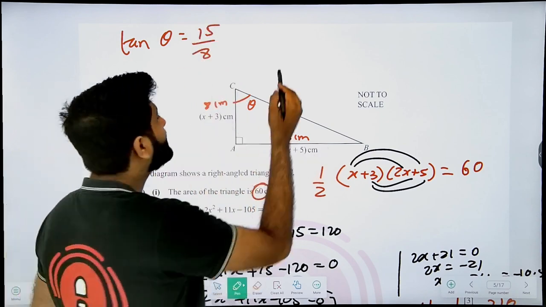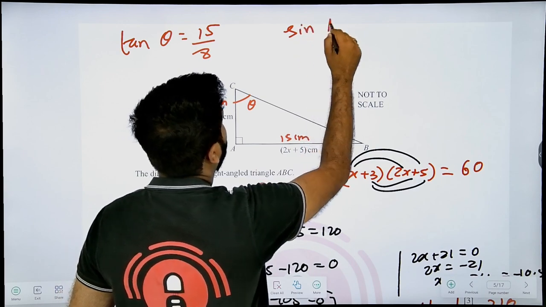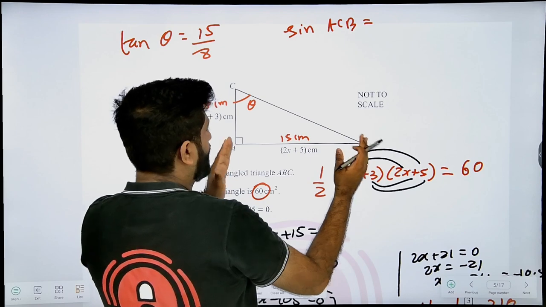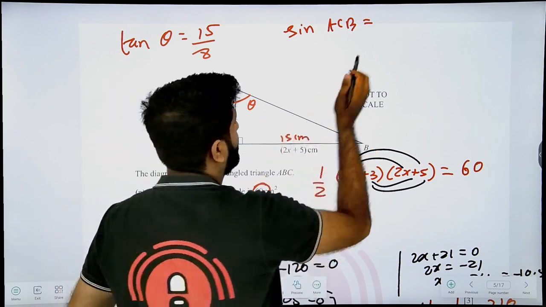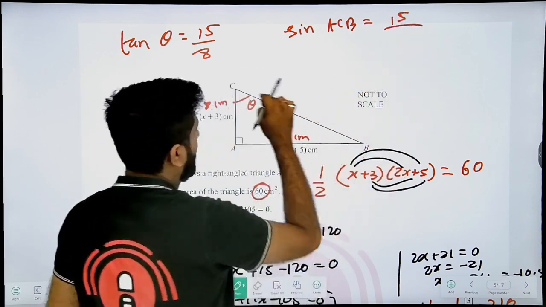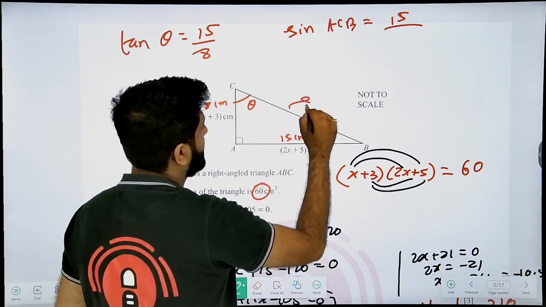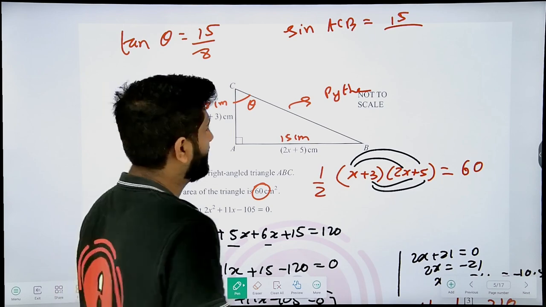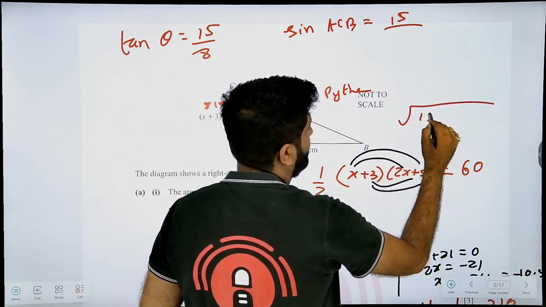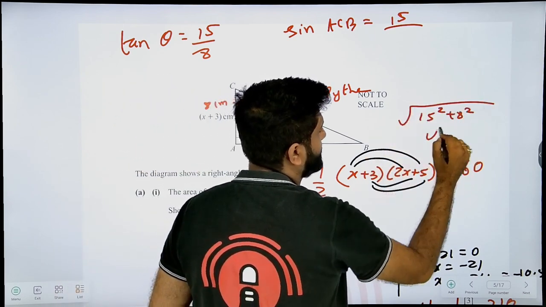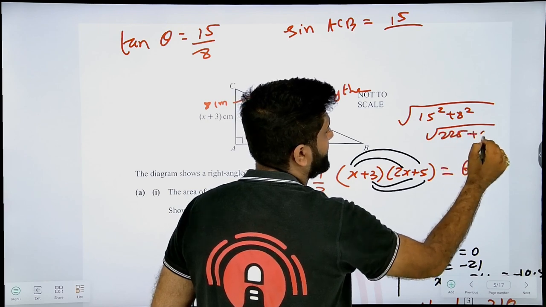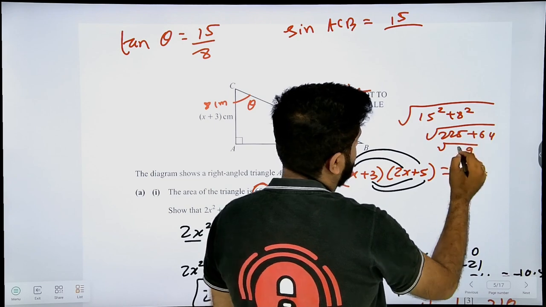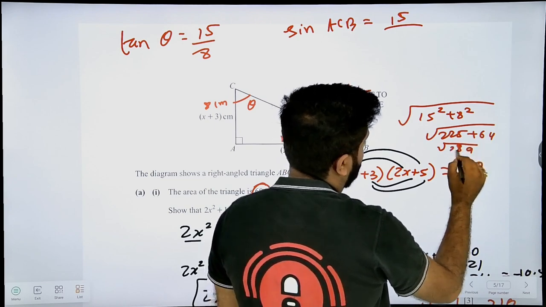They could have also asked you the sine of angle ACB. Now guys, sine is nothing but opposite over hypotenuse. So the opposite is 15 and I have to find the hypotenuse using Pythagoras theorem, which is root of 15 squared plus 8 squared, which is root of 225 plus 64, and that is 289.